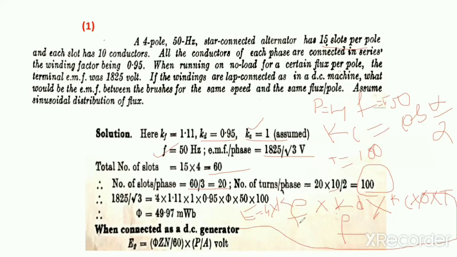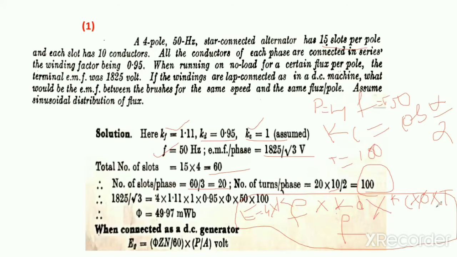In this case, the KF value is fixed, equal to 1.11. Therefore, E is equal to 4 into 1.11 into KD 0.95 into KC, the coil span factor assumed equal to 1, into phi, the flux.